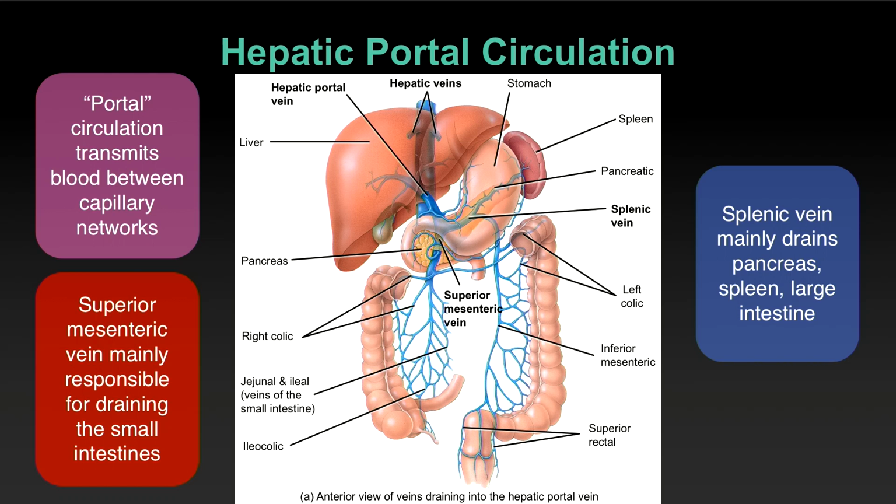Hepatic is the word describing the liver. And now we're in familiar territory. These enter right into the inferior vena cava, and we know where that drains, right atrium. Now we're back in the familiar systemic circulation.